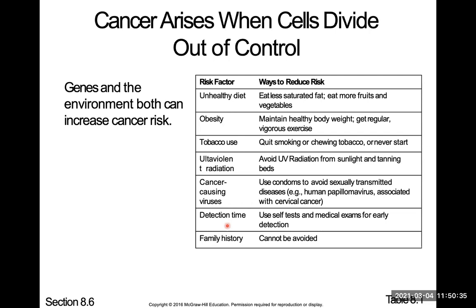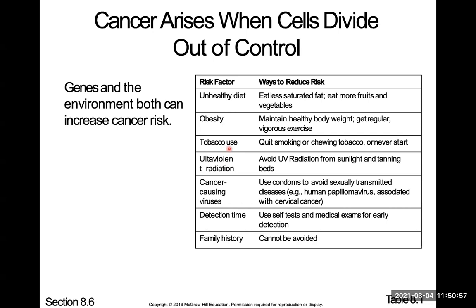There are some cancer-causing viruses. Human papilloma virus is one of them, and it can cause cervical cancer. UV radiation, I mentioned before too, so try to wear sunscreen. And then tobacco use.